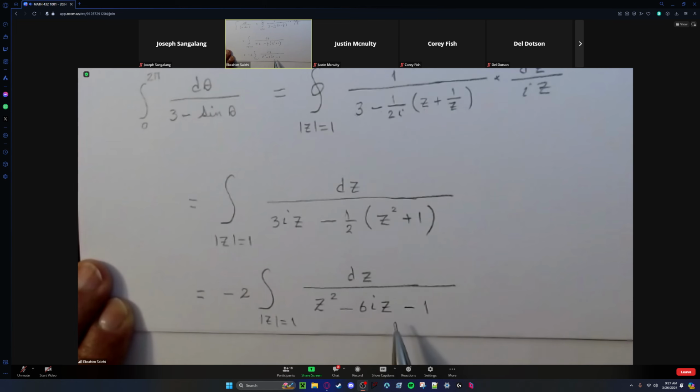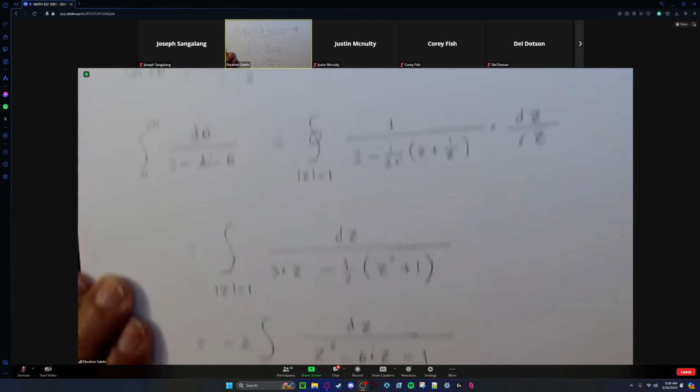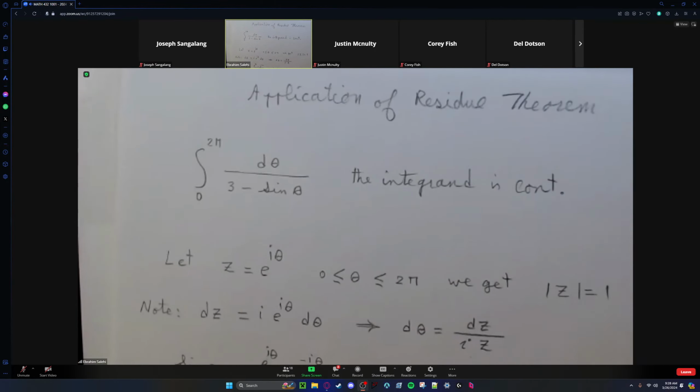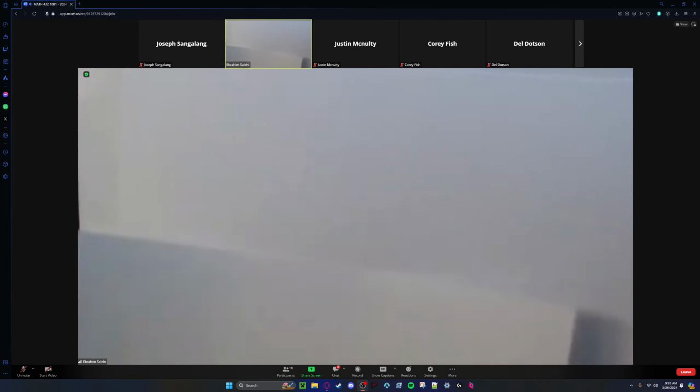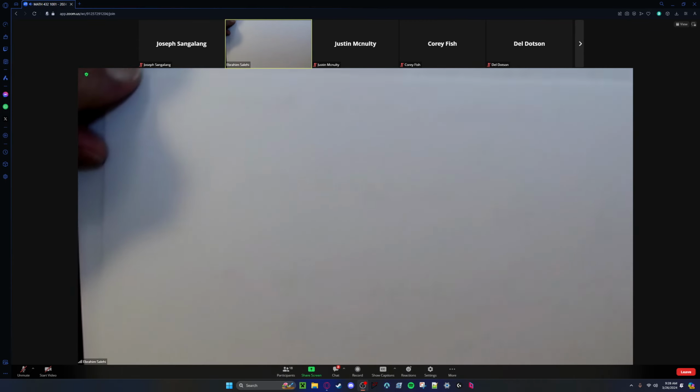And now I'm going to compute this and find a number for this. I'm going to write it down to emphasize what happened here with that change of variable.